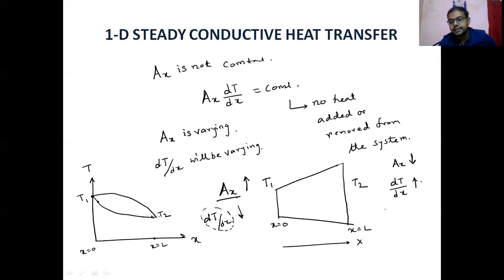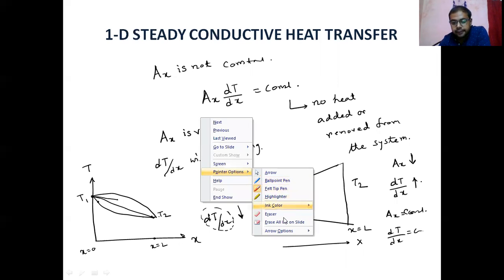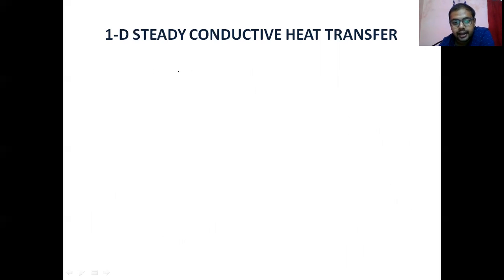And if Ax is constant, dT/dx is also constant. So it will be simply a straight line joining these two points. This concept is coming. I'm drawing it so it will give you a better idea.